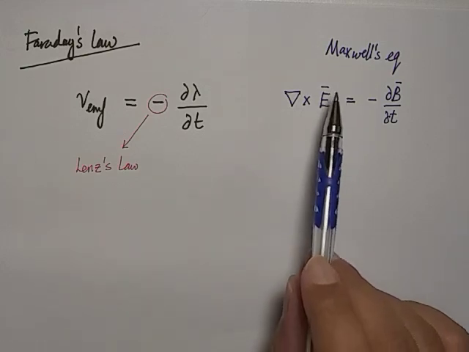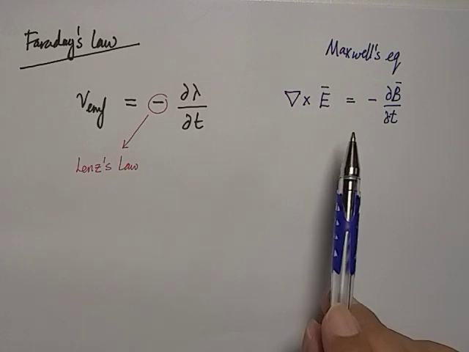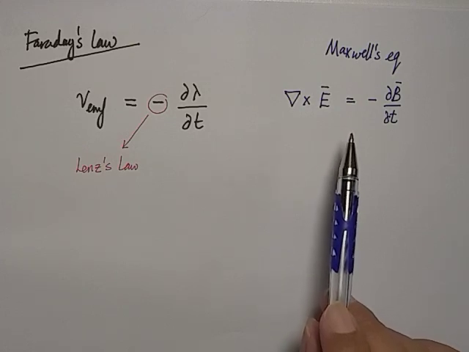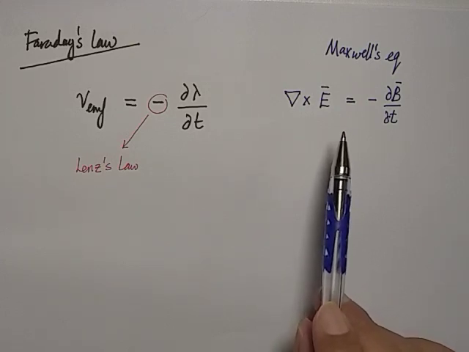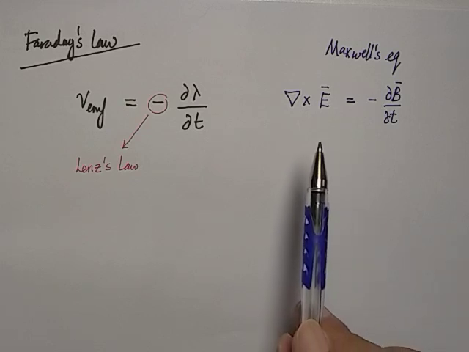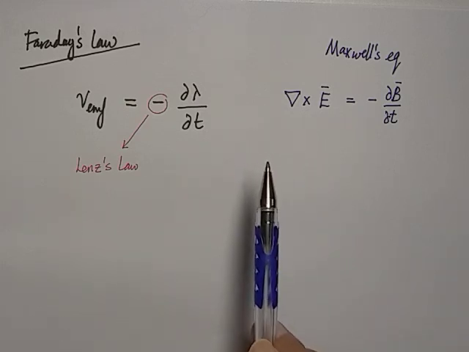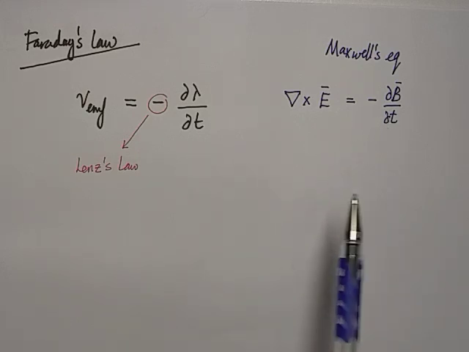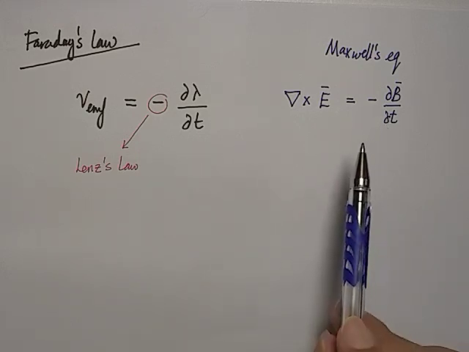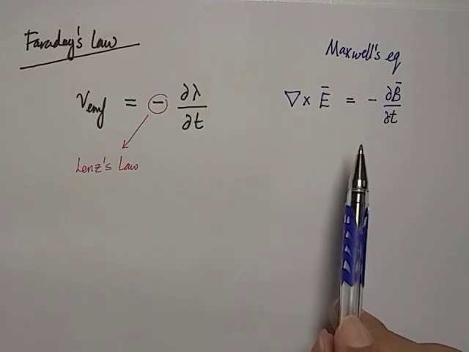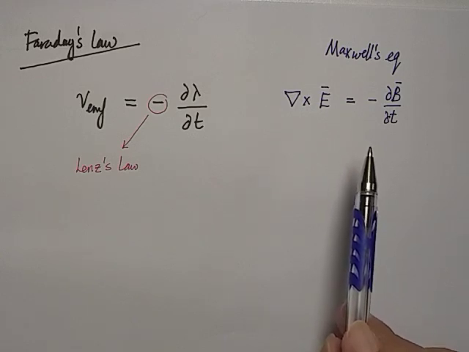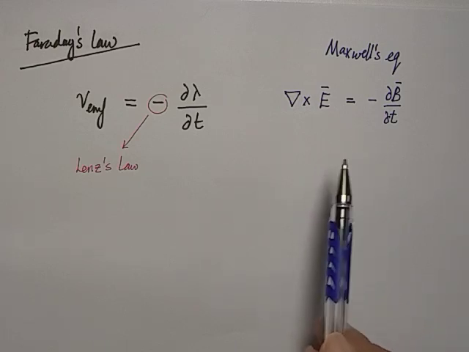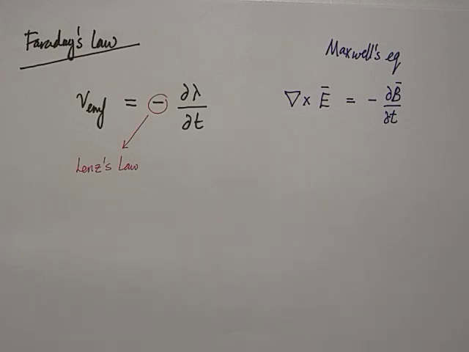Because Maxwell was a person who combined various equations such as Gauss's law, Ampere's circuit law, and Faraday's law, and proposed a set of equations. Maxwell was able to link all these various independent equations into one set of equations, which is very important in the world of electrical engineering.